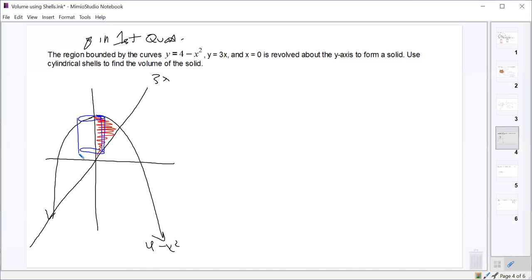I may have revolved it a little bit too far, but that's fine. Then we just need to figure out what is the radius, what is the height, and what is the thickness of that cylinder. So first off, what's the thickness? Should be dx because that rectangle is very thin in the x direction. So our thickness is going to be dx.